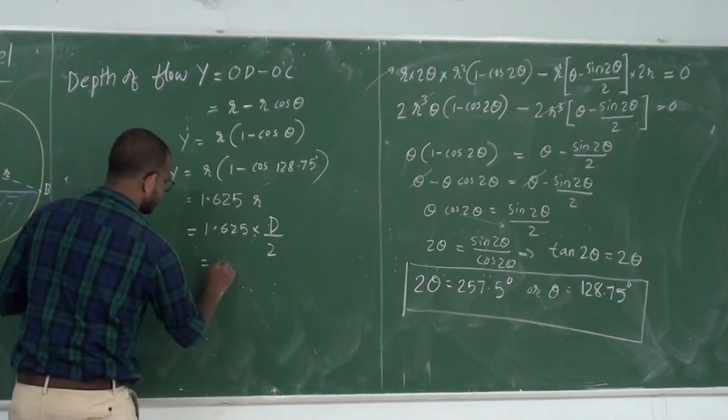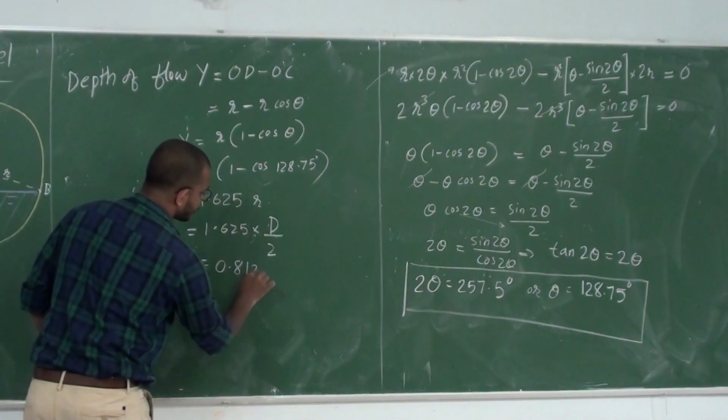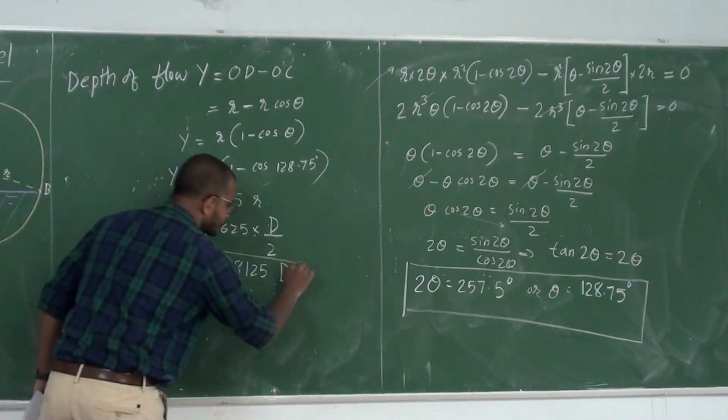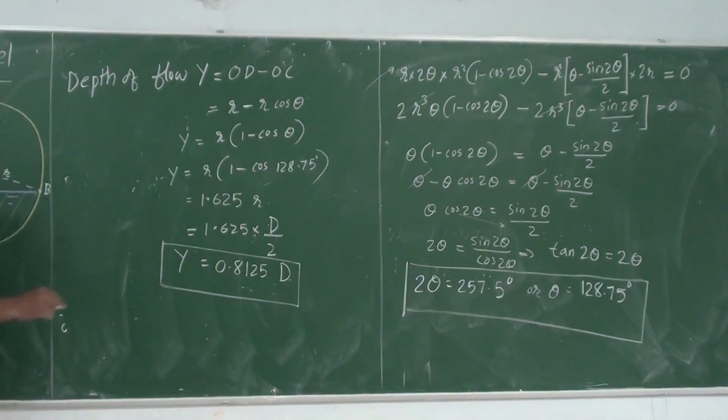So we will get 0.8125 times d. The depth of flow y is equal to 0.8125 times the diameter of the circular channel. This is the depth of flow for getting maximum velocity: y is equal to 0.8125 d.